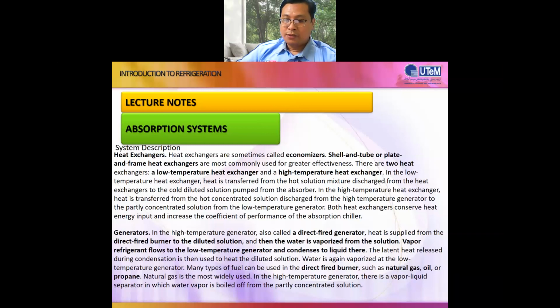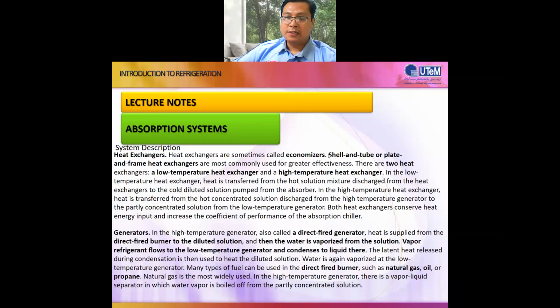When we work at high temperature, we use the high temperature heat exchanger, and at low temperature we use the low temperature heat exchanger to transfer heat between the liquid, the refrigerant and the coolant.